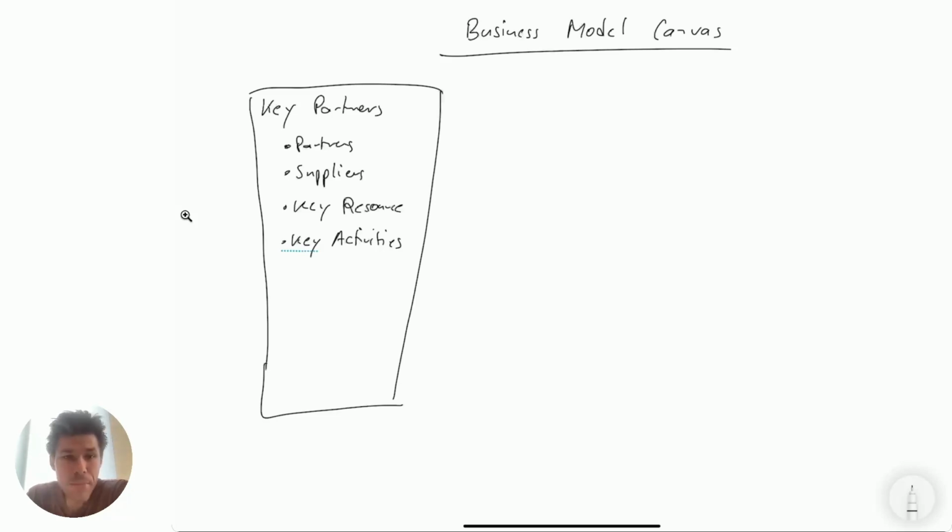A company usually cannot do everything. So it's about optimization, the company focusing on specific areas and using partners and suppliers for other activities. It reduces risk and uncertainty. And also if the company is not able to do certain activities, then via key partners, particular resources and activities can be acquired.